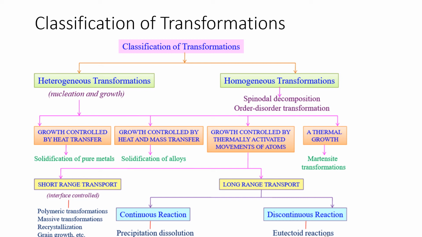It requires considerable supercooling, between 80 and 300 degrees centigrade. Homogeneous nucleation is categorized by its temperature range.